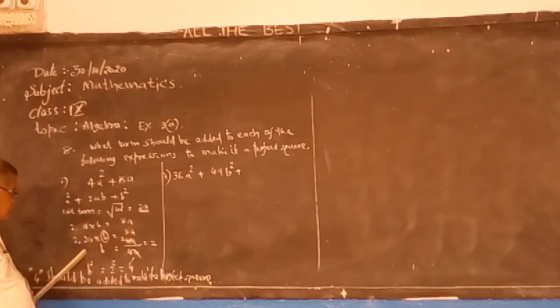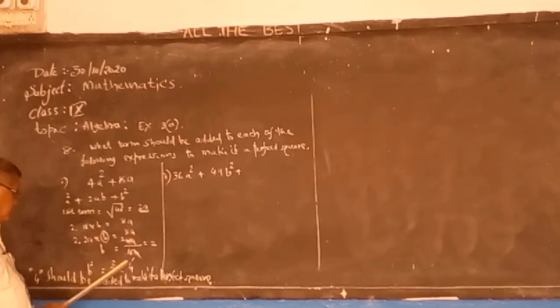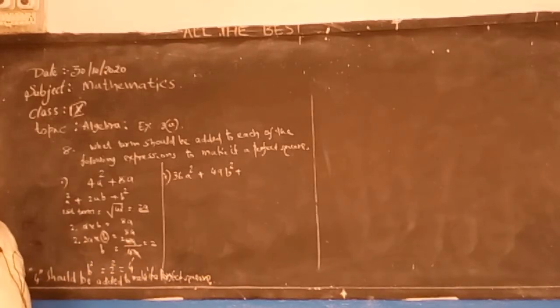So b is equal to 8a by 4a. The a cancels, and we get b as 2. The b squared form is 2 squared, that is 4. So 4 should be added to make it a perfect square.